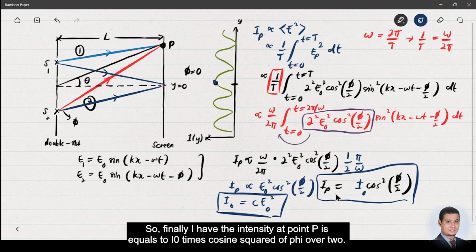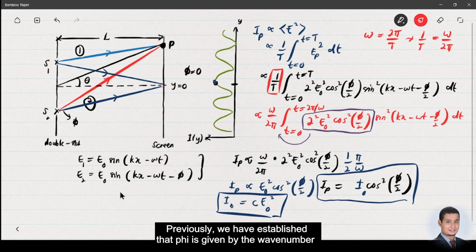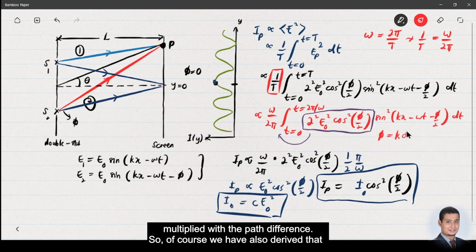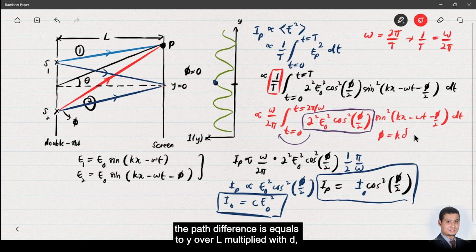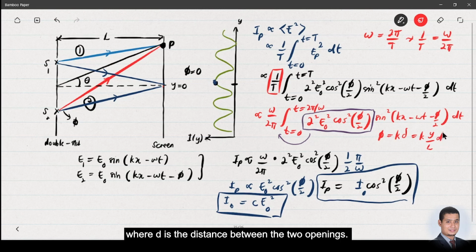So finally, I have the intensity at point P is equal to I naught times cosine squared of phi over 2. Previously, we have established that phi is given by the wave number multiplied with the path difference. We have also derived that the path difference is equal to y over L multiplied with d, where d is the distance between the two openings.